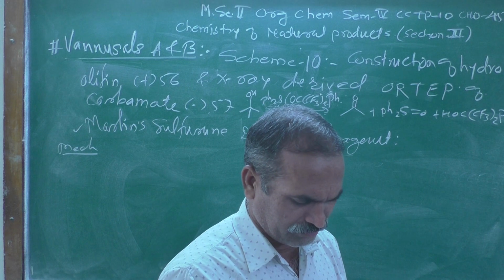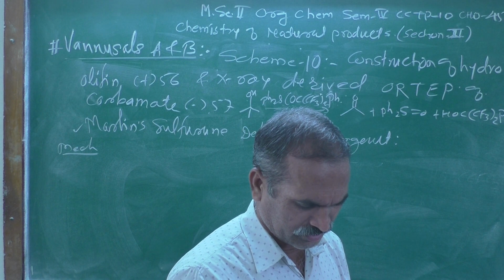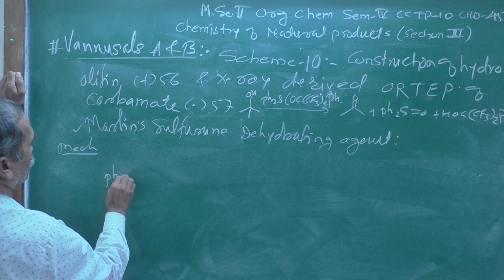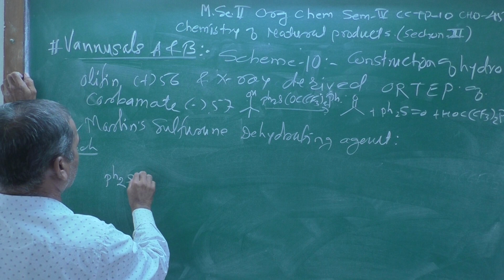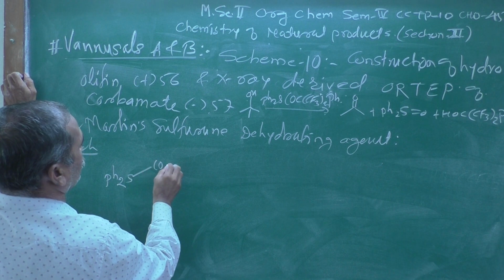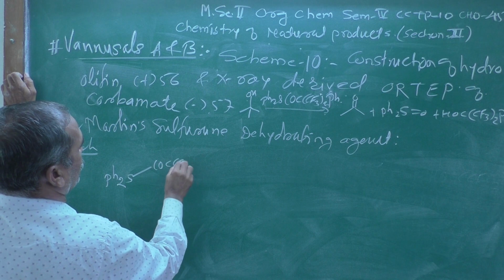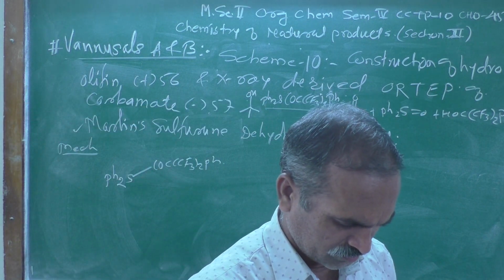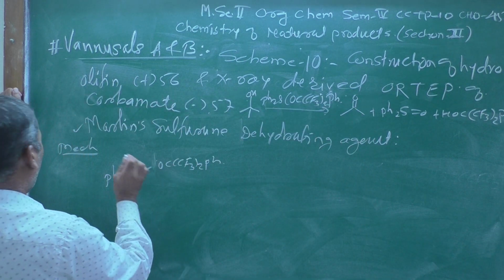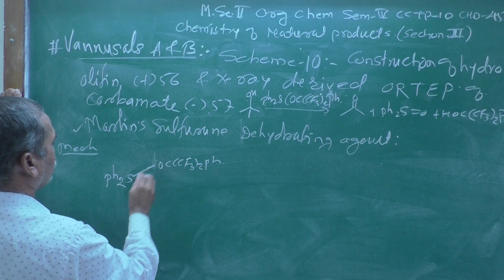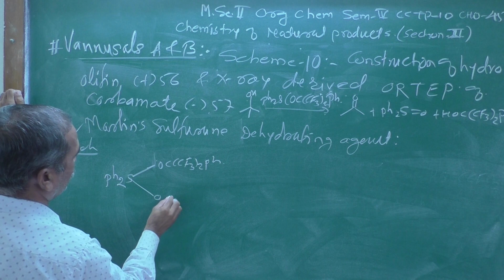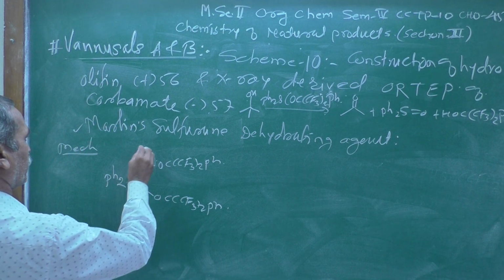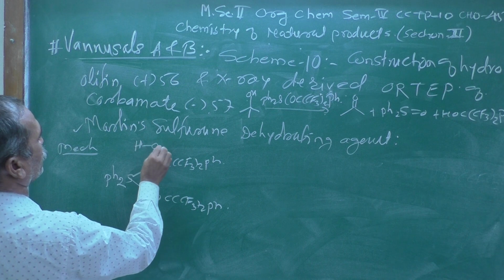From a mechanism point of view, we can write the structure like this: Ph2S, then there will be O-C, then (CF3)2Ph, and here the same O-C, then (CF3)2Ph, and here tertiary butoxide, HOtBu.